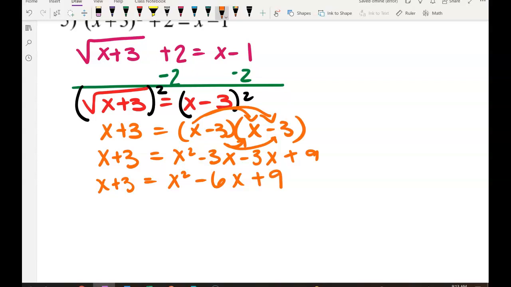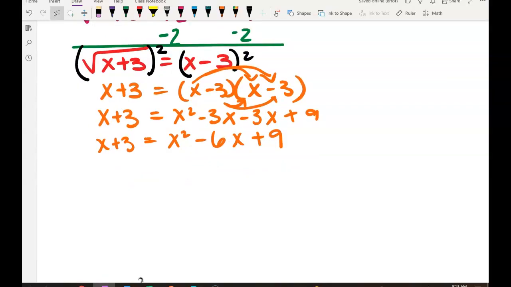Just like last night's homework, what shall we do now? Before we can factor, make sure one of the sides equals a what? 0. So we are going to move the negative x and the negative 3 at the same time.